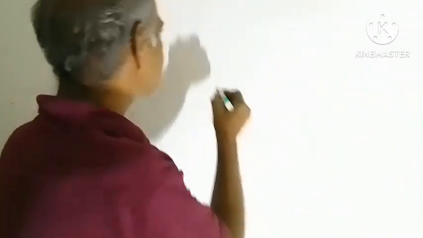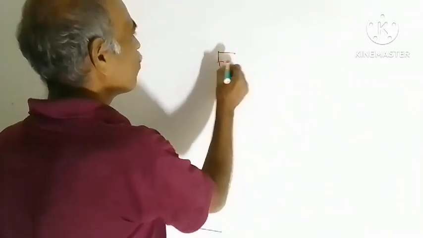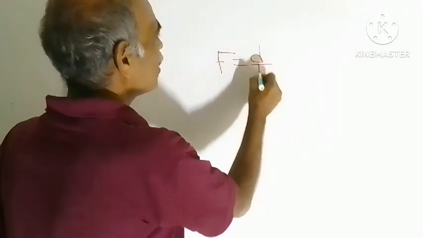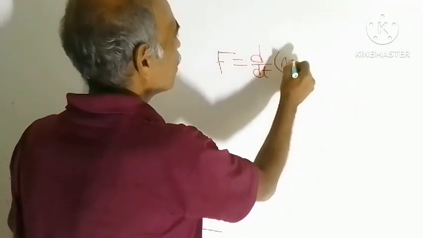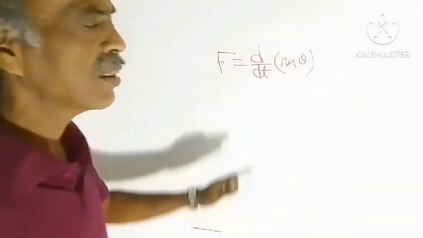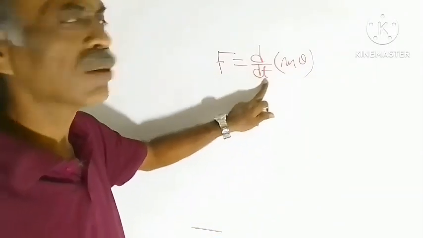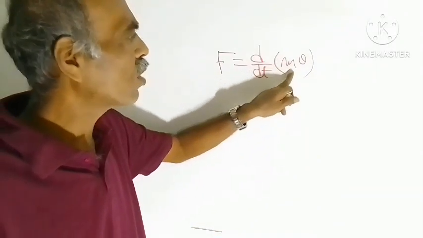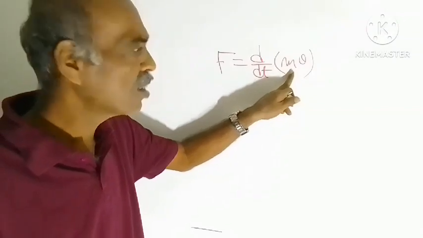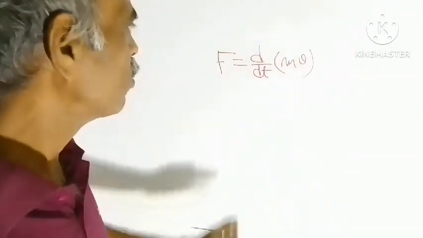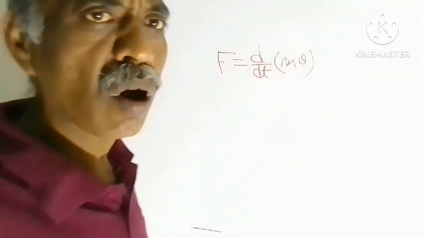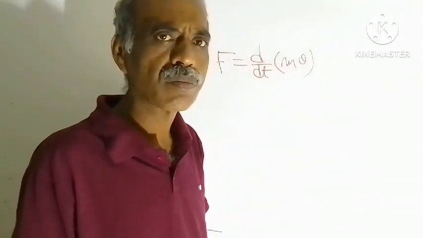Say F is the force, m is the mass, v is the velocity, then we can write F is equal to d/dt of (mv). Here F is force, small t is time, small m is the mass of fluid, and v is the velocity of fluid. So this is the general form of Newton's second law of motion.